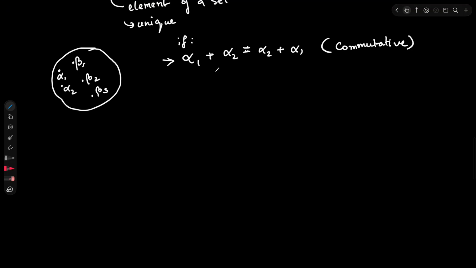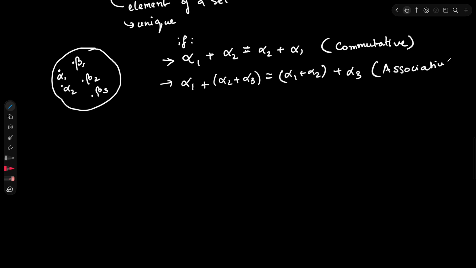After this, we have another property: alpha 1 plus alpha 2 plus alpha 3 equals alpha 1 plus alpha 2 plus alpha 3, grouped differently, and this is the associative law. Then we have another property: alpha 1 into (beta 1 plus beta 2) equals alpha 1 beta 1 plus alpha 1 beta 2.